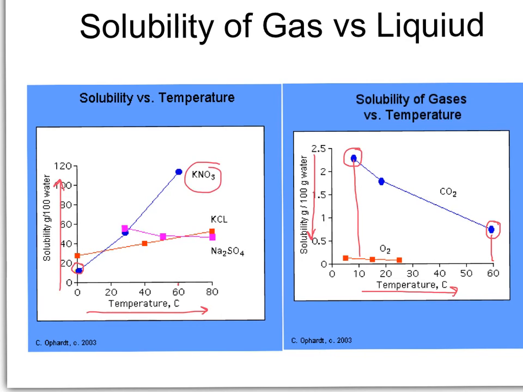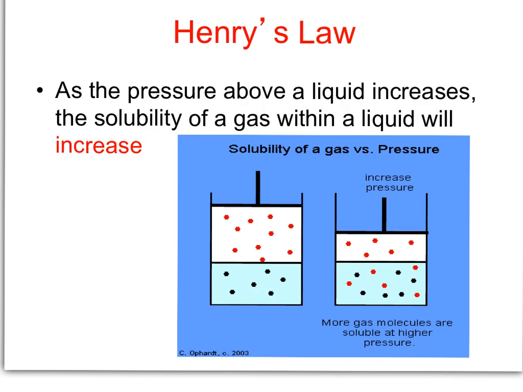And if we raise the temperature to 60 degrees Celsius, we can now get close to 120 grams of KNO3 to dissolve in 100 grams of water. Do notice that sodium sulfate does not follow the typical pattern. Once again, most solids will increase their solubility as you increase the temperature of the solvent.